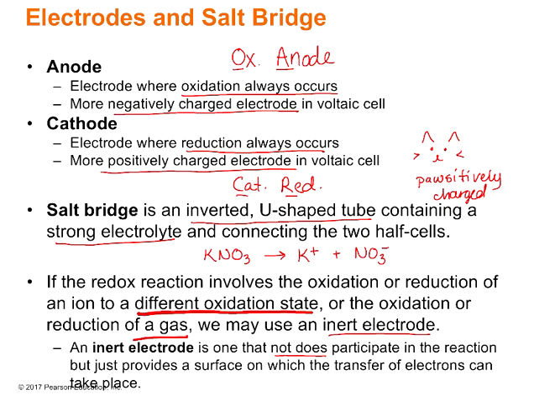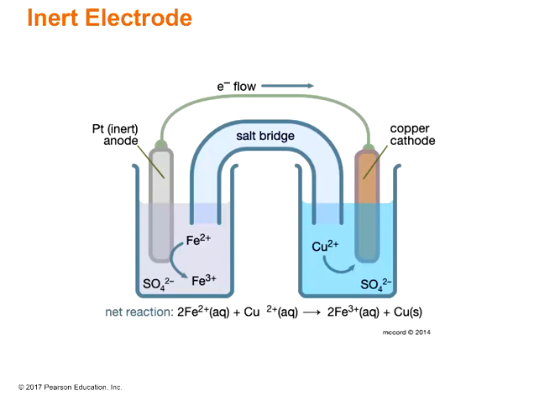So sometimes we're not going to use two metals like copper and zinc. There might be some situations where the electrode isn't easy to come by, and then we need something different. As an example, here we have an overall reaction between iron and copper.